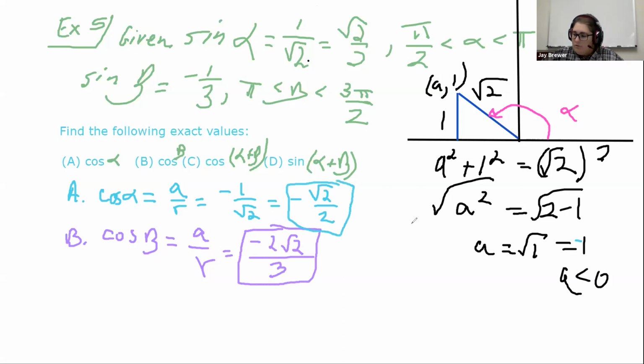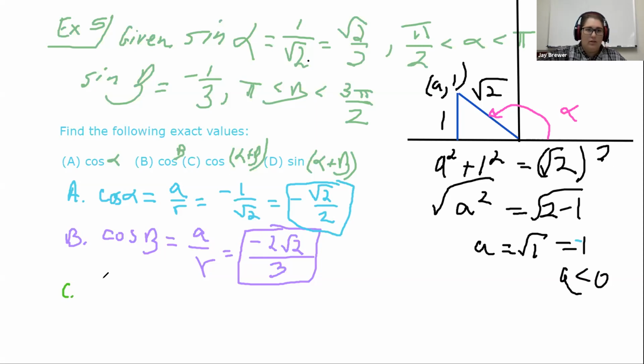Once you have those two items, what can you now do? What can we now find now that you have cosine of alpha and cosine of beta? You guys think you need some more space for it?